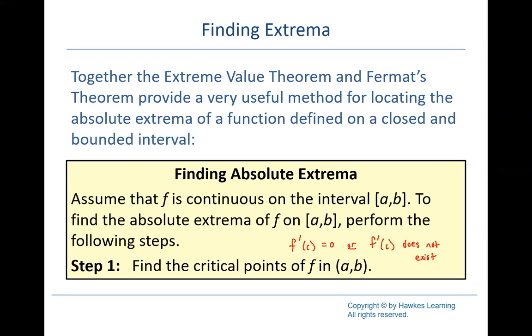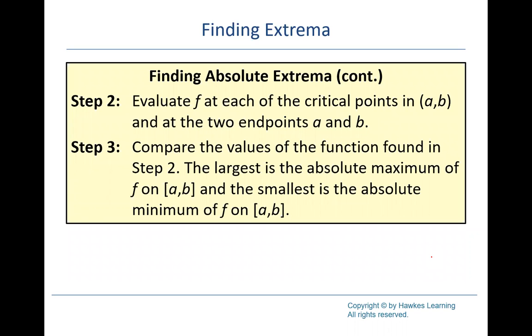So what this means is that we will need to use the differentiation techniques that we developed in chapter 3 and determine where that derivative equals 0 or is undefined. This is going to require a little bit of equation solving. Next, we will evaluate our original function, f, at each of the critical points, and also at the two endpoints.